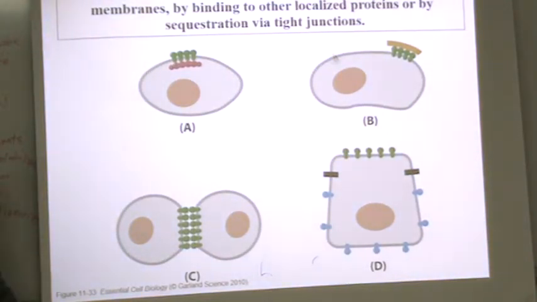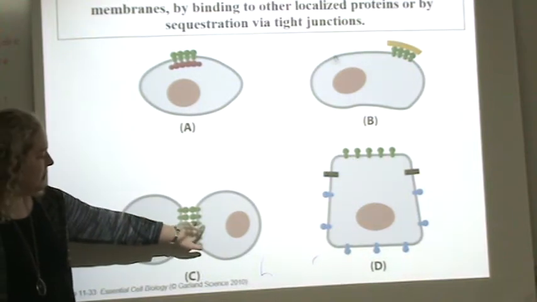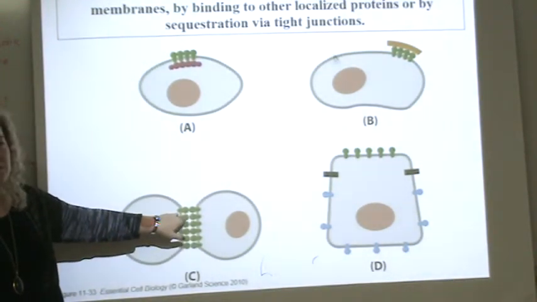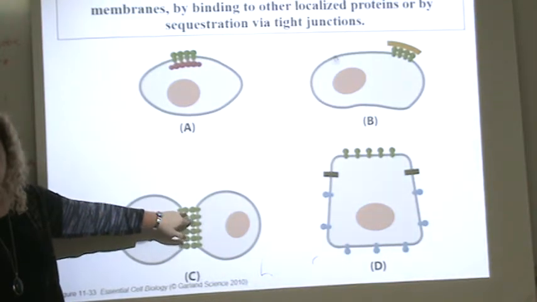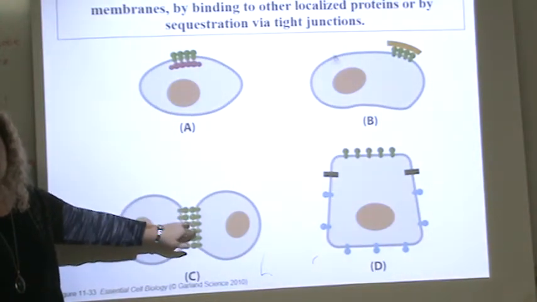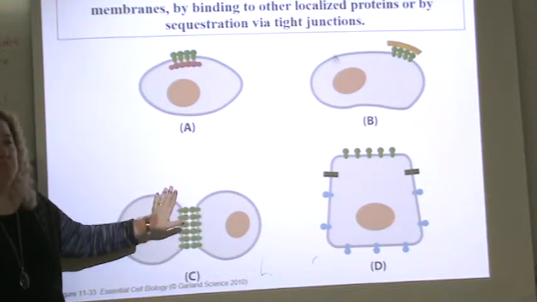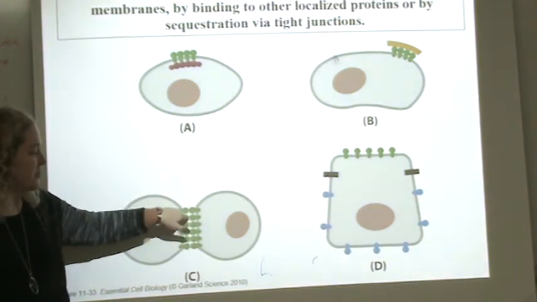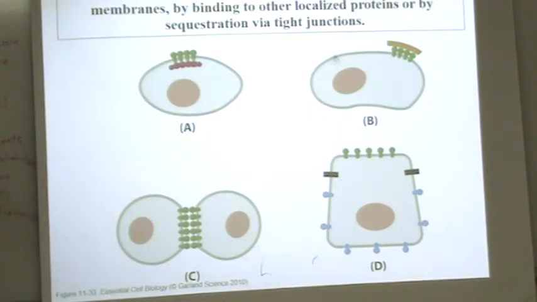I can also use transmembrane proteins to hold neighboring cells together. Those of you who are in histology, tissues hold together in this way. Like, a cell on its own needs to be associated with the neighbor. Transmembrane proteins are involved in holding those together.